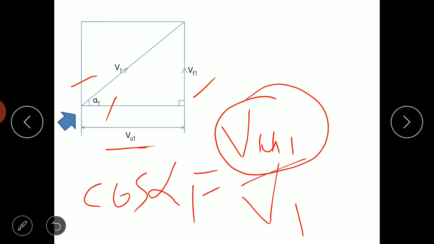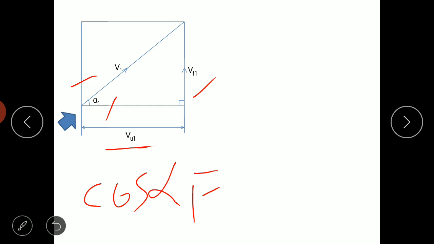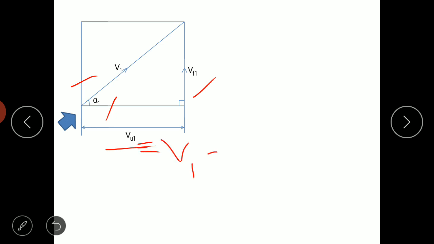So Vu1 is nothing but V1 cos alpha 1. Similarly, what is Vf1?